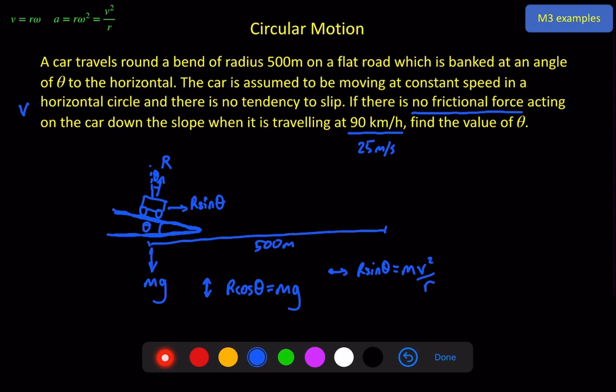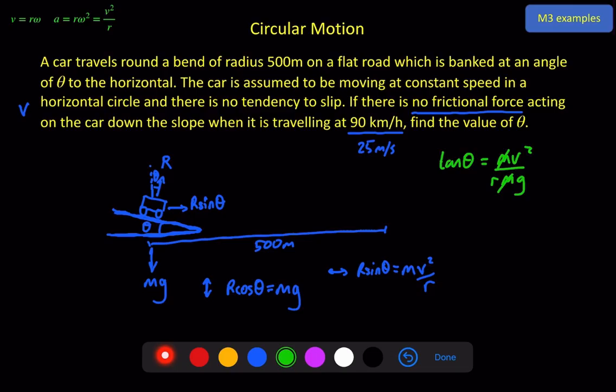So we know the radius is 500, and we know the velocity here is 25 meters a second. The m's and R's are going to cancel out if I divide this equation by this equation, which will give me sine theta over cos theta. So we're going to have tan theta is equal to m v squared over r divided by mg.